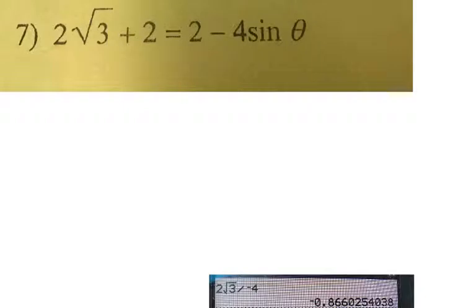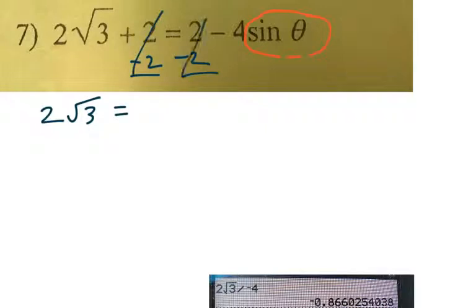Okay, here's number 7. Again, our goal is to find a way to get our trig function by itself. Here's my sine theta over here. What could I do first? Well, why don't we minus 2 both sides? We now have 2 square root of 3 equal to negative 4 sine theta.